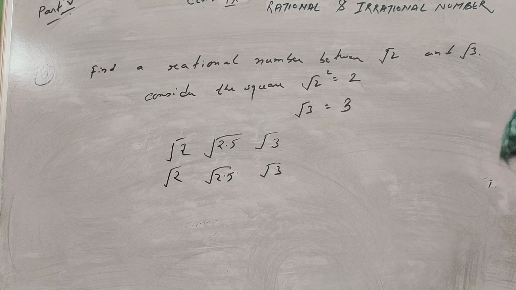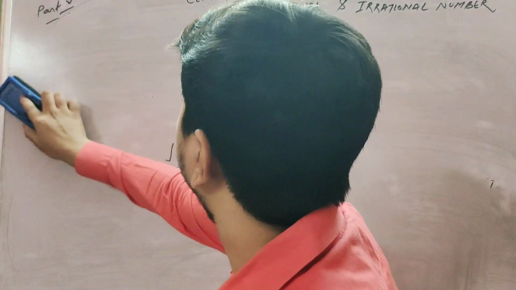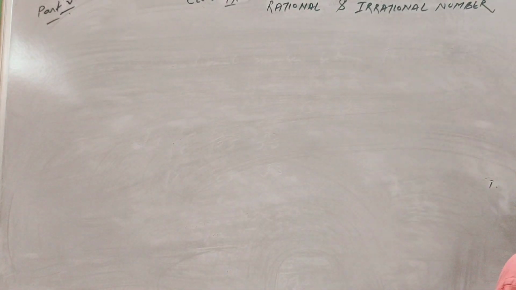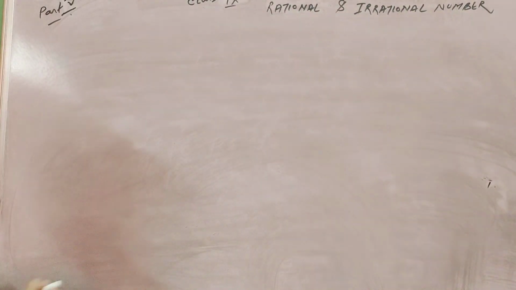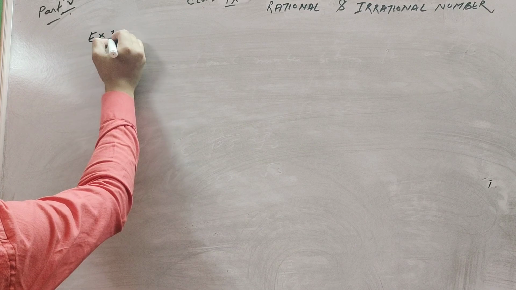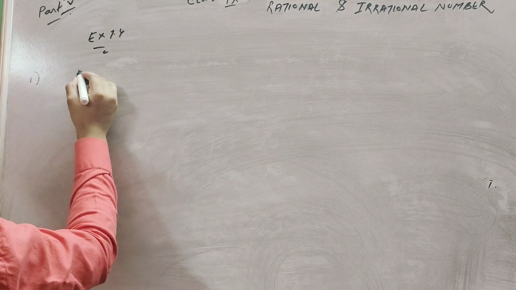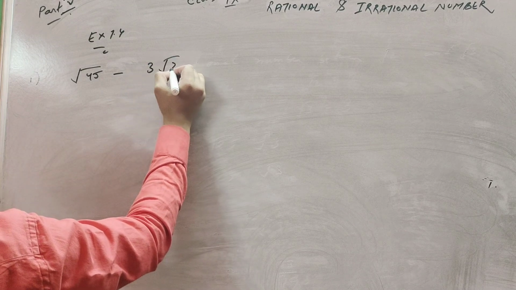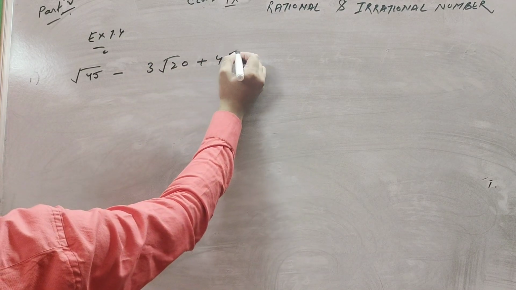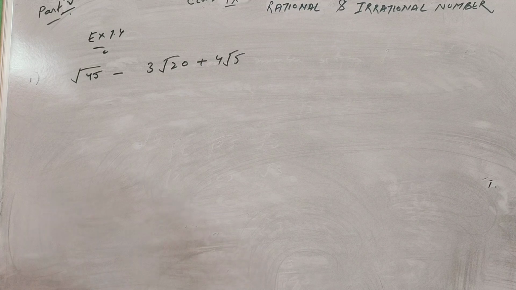Now it's time for exercise 1.4. The first question from exercise 1.4 is root 45 minus 3 root 20 plus 4 root 5. Clear?